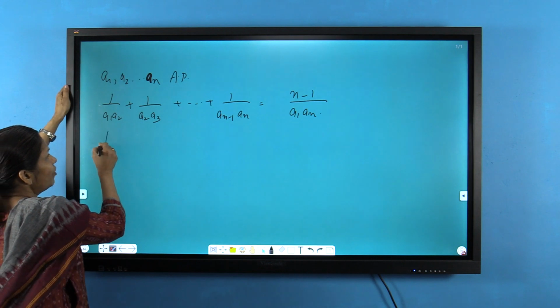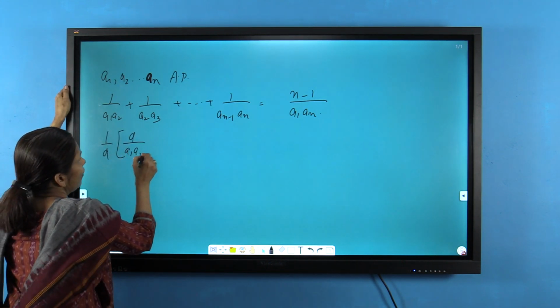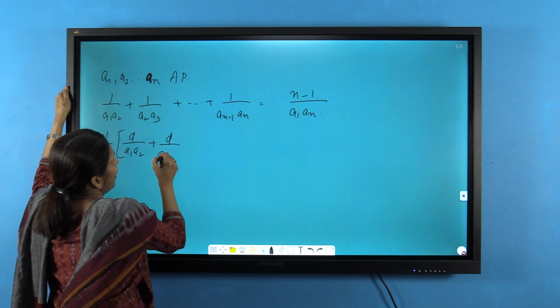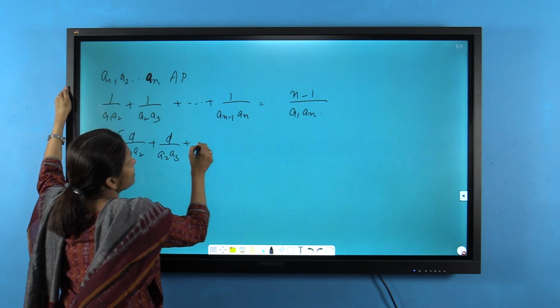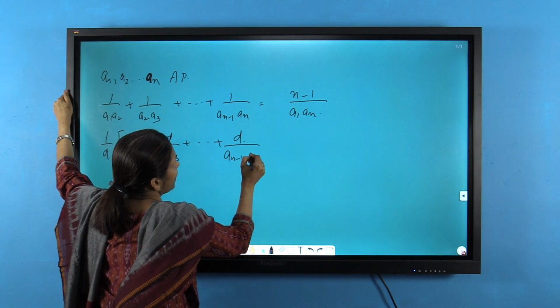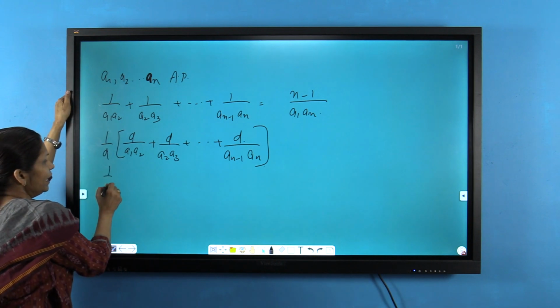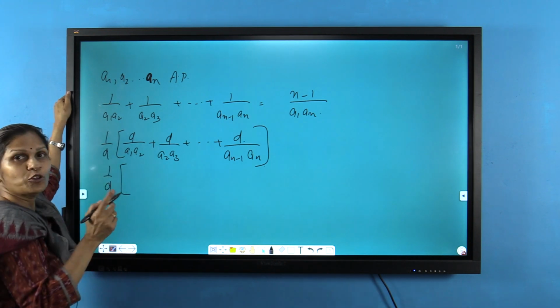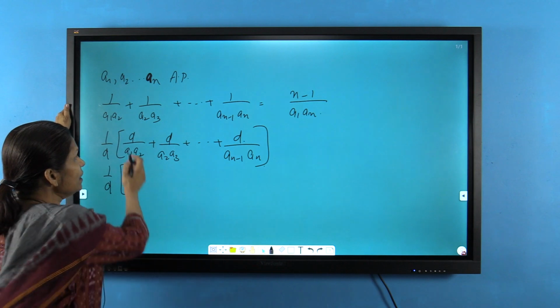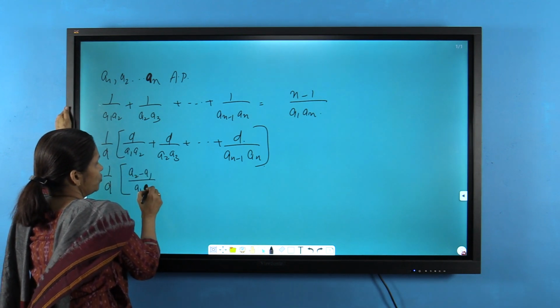So, I would have 1 by d into d divided by A1A2 plus d divided by A2A3 plus etc. plus d divided by A(N minus 1)AN. Now, in each of these terms, I am going to rewrite d differently. This d is A2 minus A1 divided by A1A2.